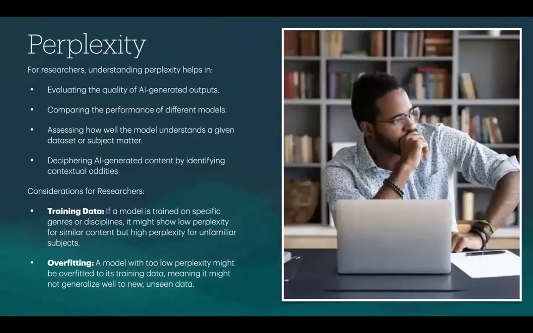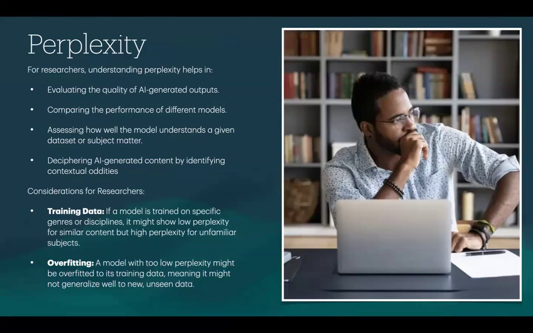There are other things that are important for researchers. So within perplexity, this can help us evaluate the quality of those generated outputs. We can compare the performance of different models. This can also help us assess whether or not a model understands a given data set or subject matter. And it helps decipher AI-generated content by identifying contextual oddities.